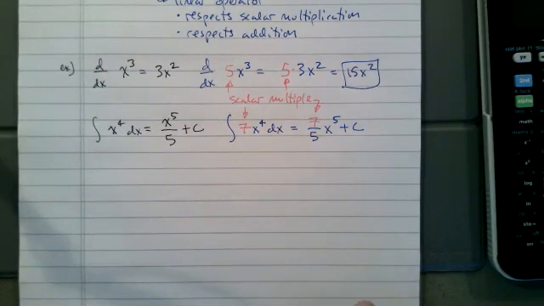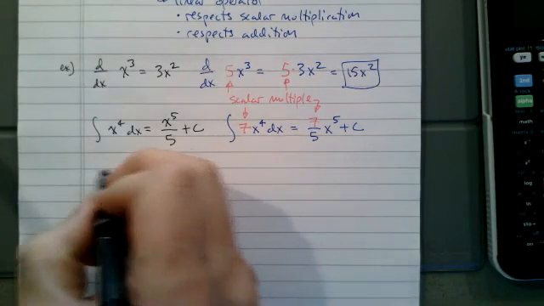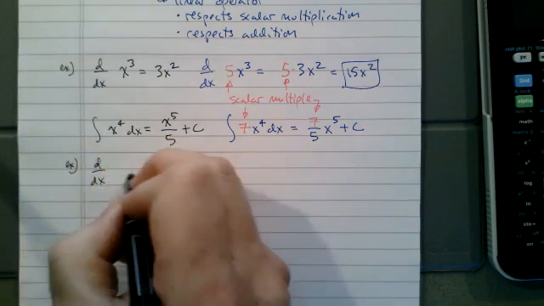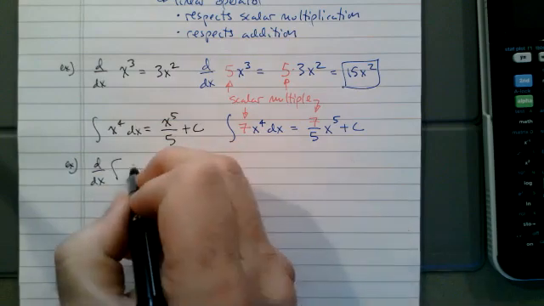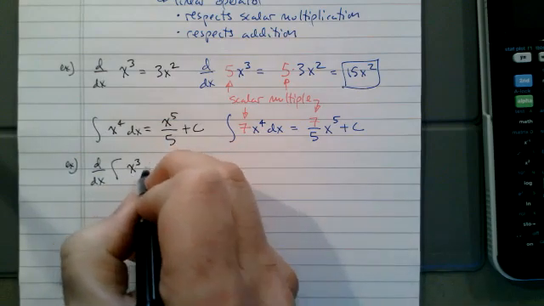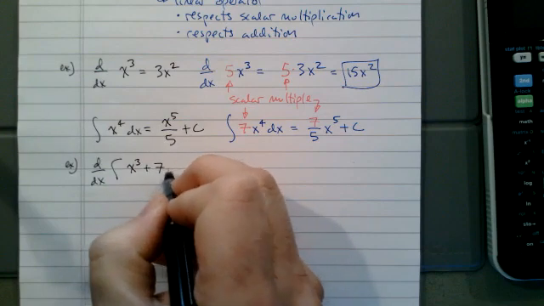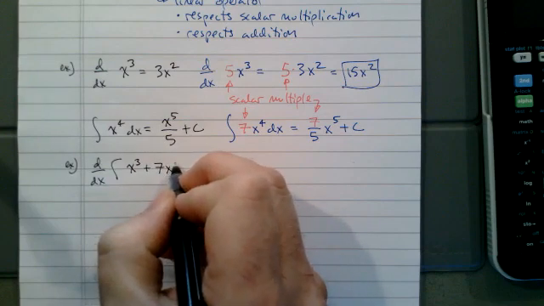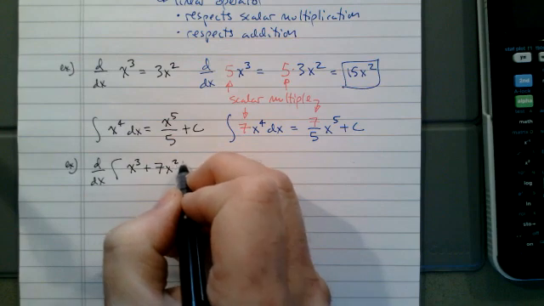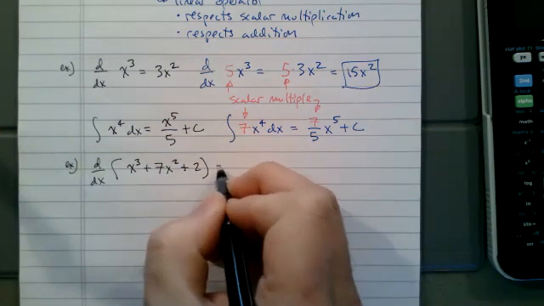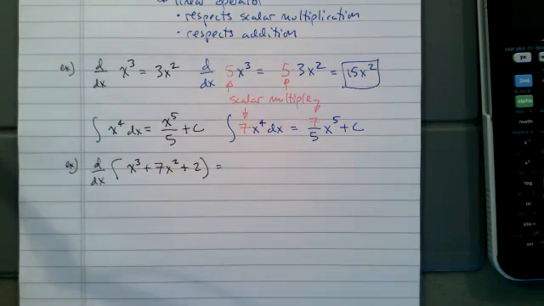We also have to respect addition. This shows up in differentiation if I ask for the derivative with respect to x of, let's say, x cubed plus 7x squared plus 2. We can do this as 3 separate derivatives.